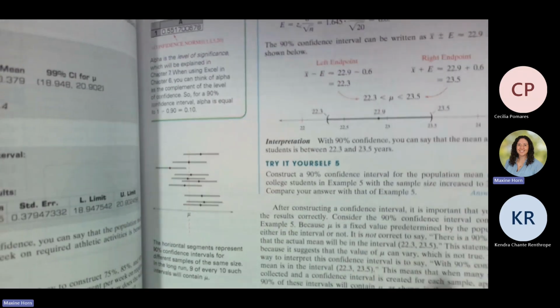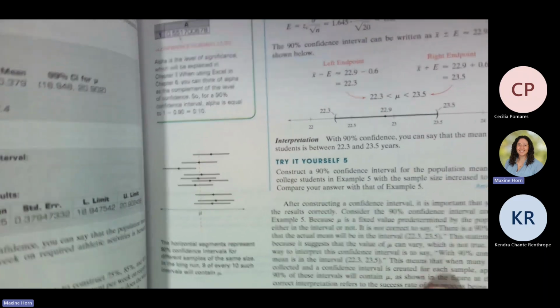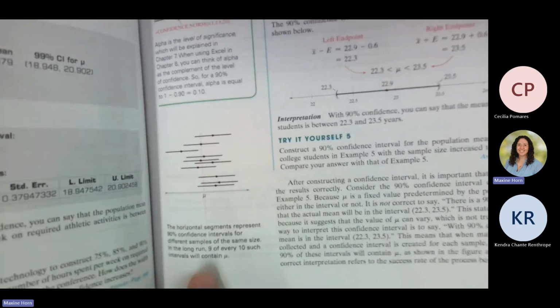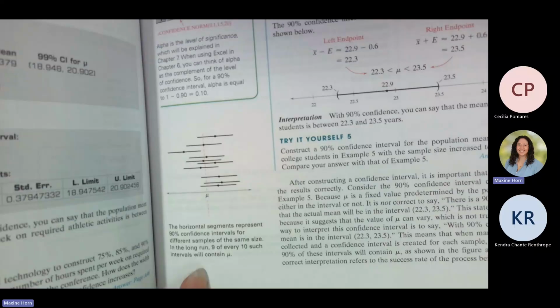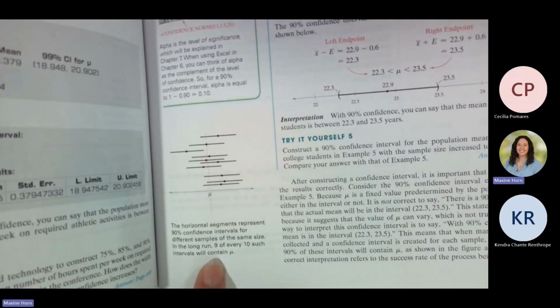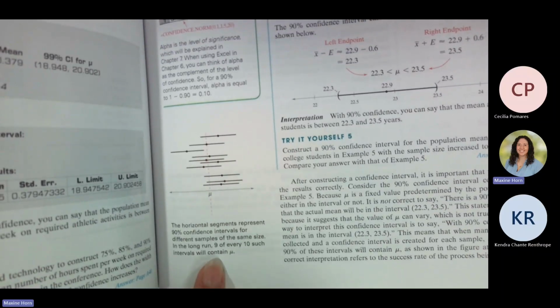There is a great image in your textbook, and I'm going to pull this up here because I think it describes really well a very good visual of what we're actually doing when we do this. So this is on page 303, if you're looking in your textbook. The horizontal segments represent 90% confidence intervals for different samples of the same size.